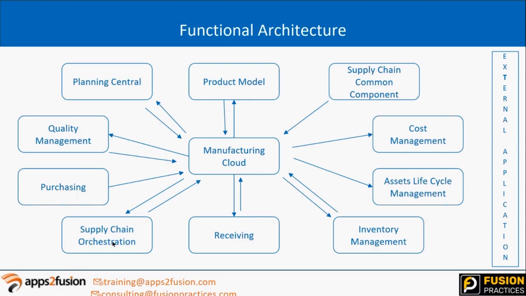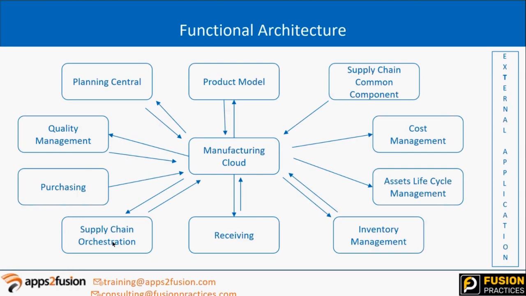Supply chain orchestration is something that sits in the middle, and all requests to create any supply, it could be a manufactured item, it could be a procured item, or it could be to transfer something.